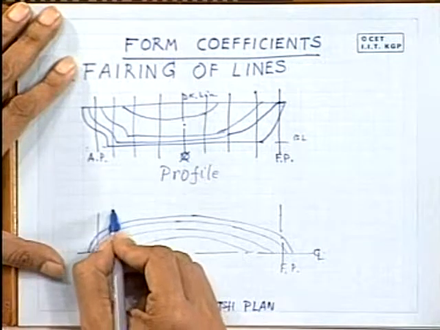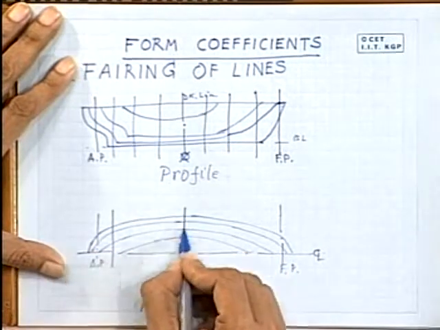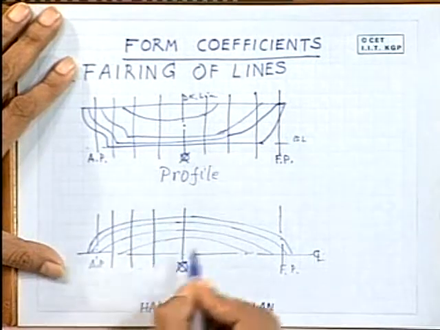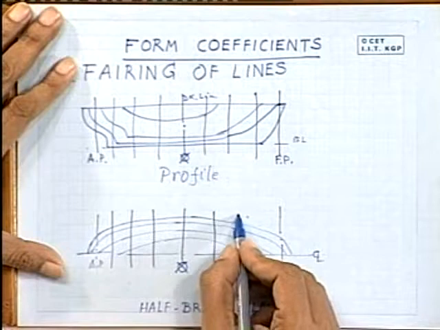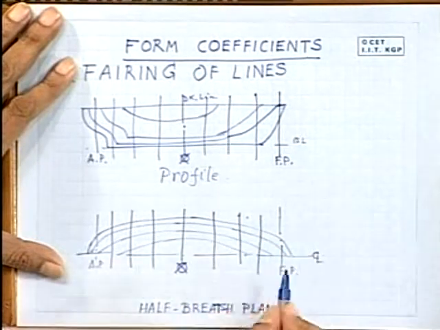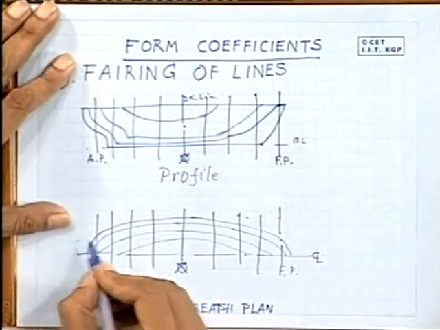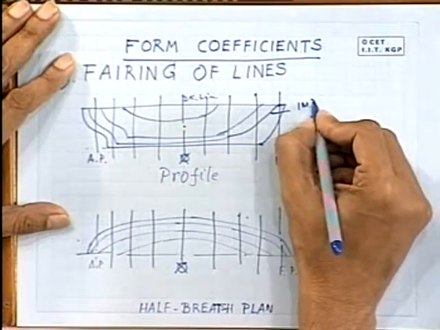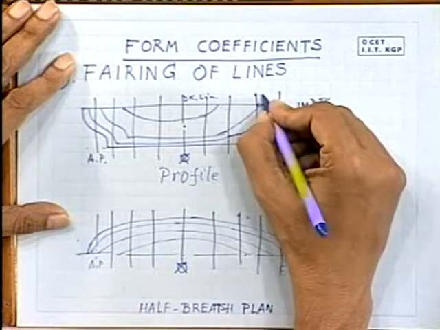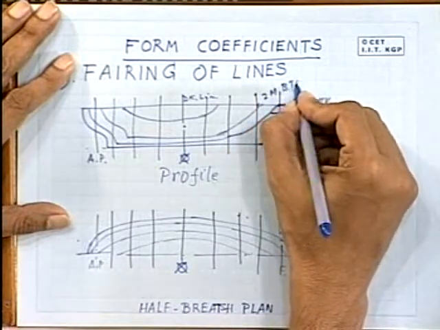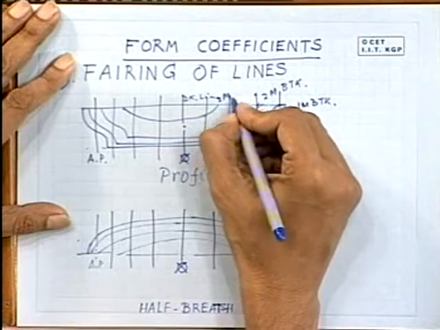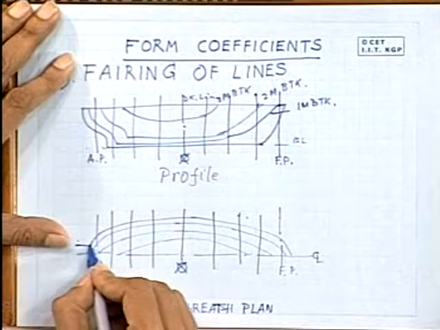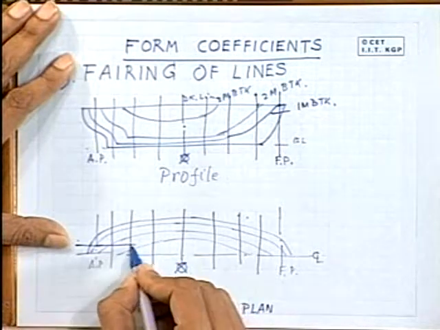Simply extend the station lines. And here one also can mark the buttocks. This can be say 1 meter buttock, this is 2 meter buttock, say this is 3 meter. Like this, one marks the buttock lines. These are again shown on the half-breadth plan by horizontal lines.